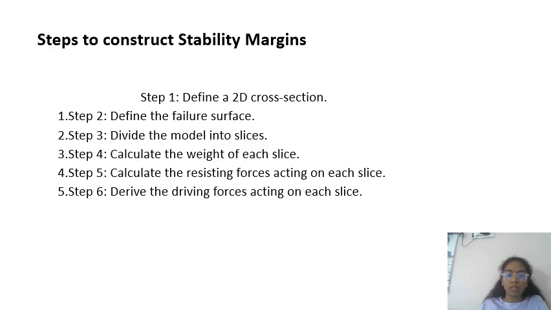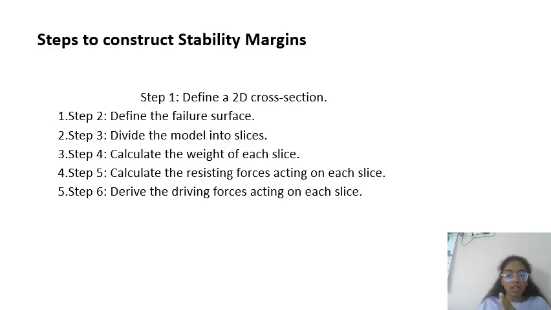Now let's see how to construct a stability margin, or else a stability analysis. These are the main 6 steps for determining stability analysis. Step 1. Define a 2D cross section. Step 2. Define the failure surface. Step 3.